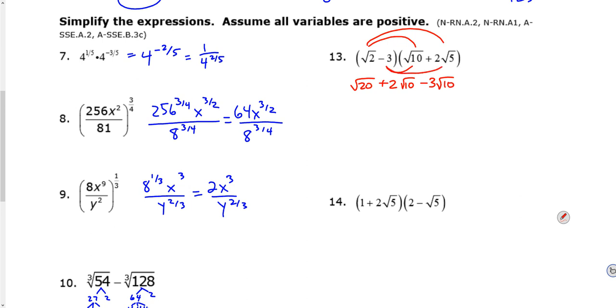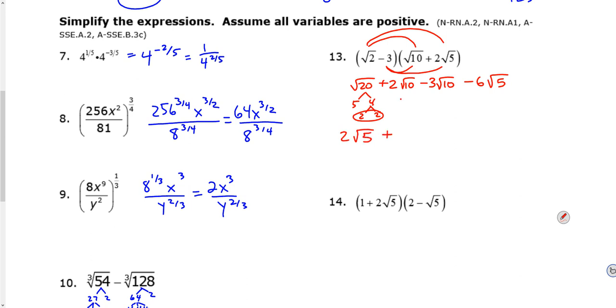Multiply these, and I have to multiply the outside with the outside, so negative 3 times 2 is negative 6, and then we have a square root of 5 left over there. The 20 can probably break down. 20 breaks down into 5 times 4, which is 2 times 2, so we can take out a pair of 2's and we'll be left with a 5.